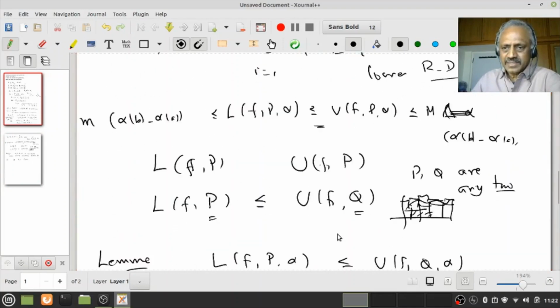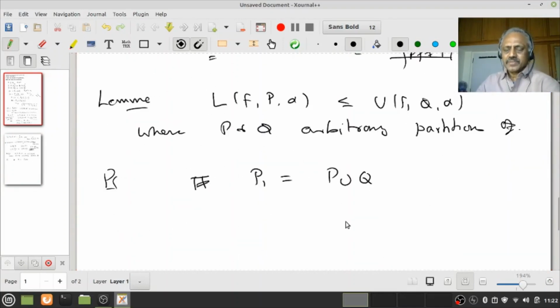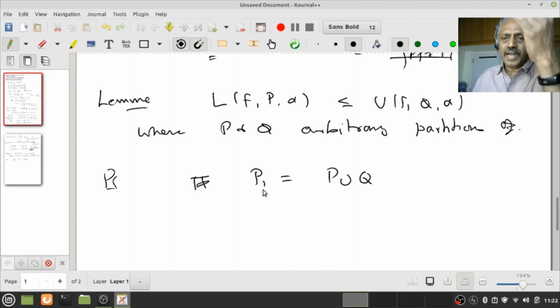That's why we write it as a union. When I write a set theoretic union, repeated elements are identified only once. You understand that, right? Now, what is the relation between P and P1, Q and P1? Yes, P1 is finer than P and finer than Q also. Now that's a trick.